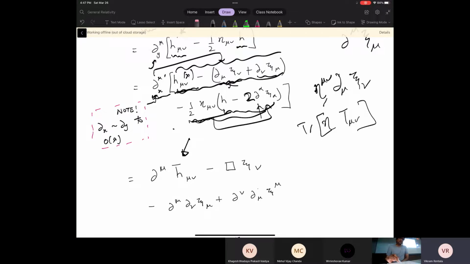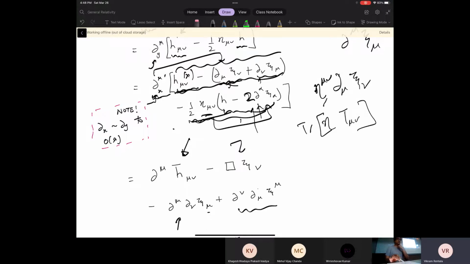So the derivatives acting on this give me minus box psi nu and minus partial mu psi mu, and this. Oh, sorry, did I mess up? No, this is right. This last term gives me partial mu psi mu. There's a minus half times minus 2, which is plus 1.